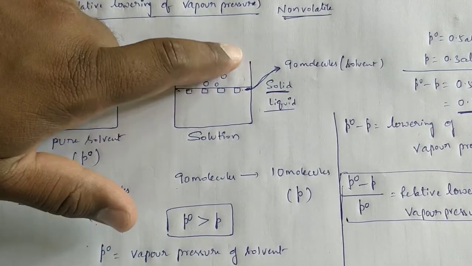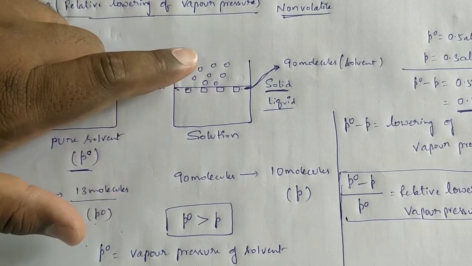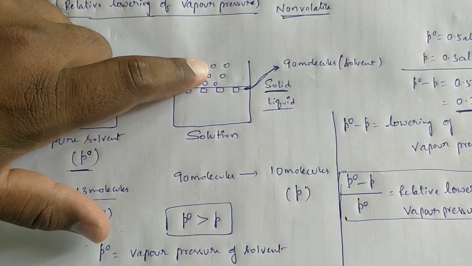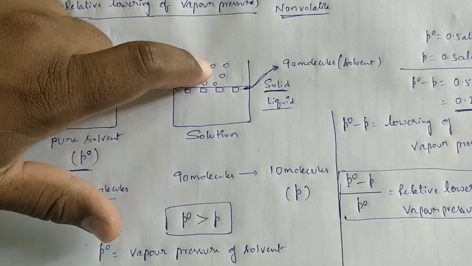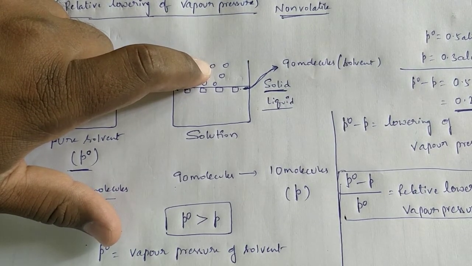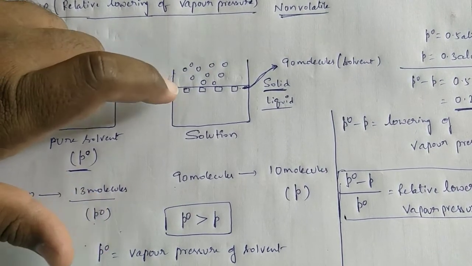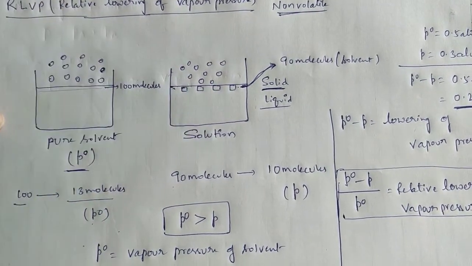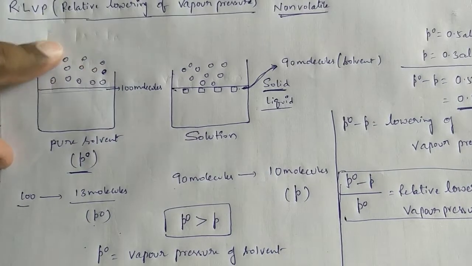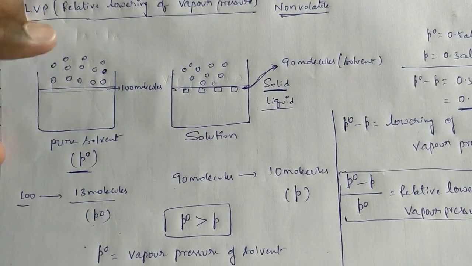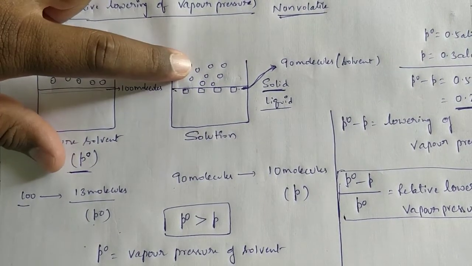That's why even though these belong to the solvent, we will consider this pressure as the vapor pressure of solution only, because it is affected by the presence of solute particles. If solute particles are not there, this is the vapor pressure. That's why I wrote this is the vapor pressure of pure solvent and this is the vapor pressure of solution.